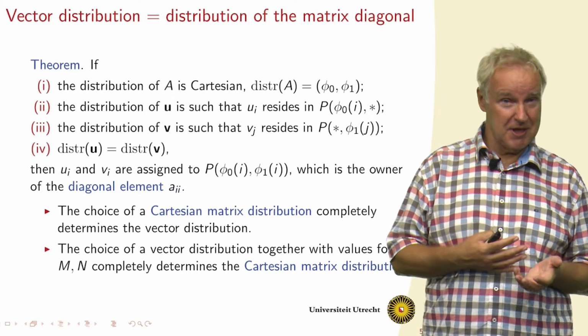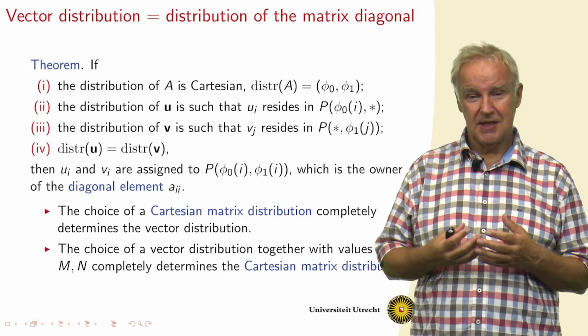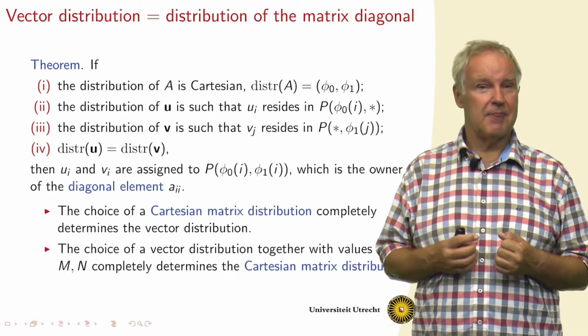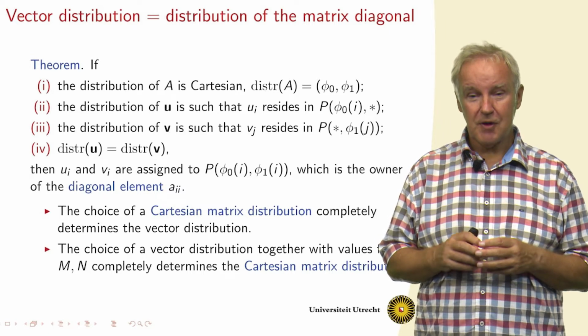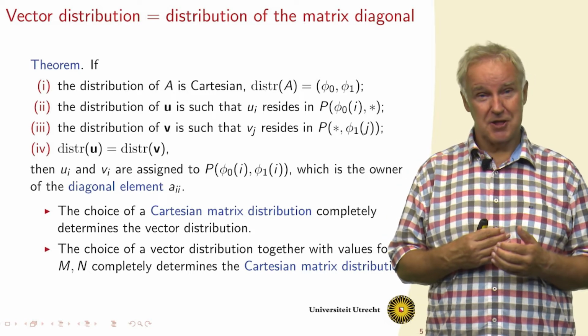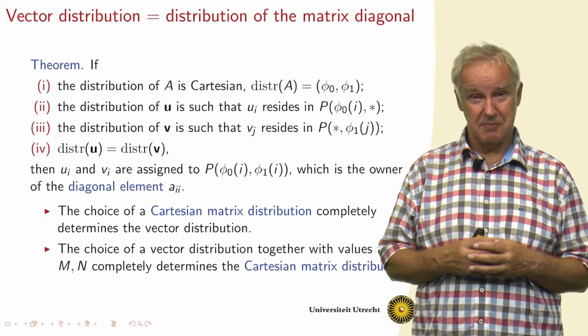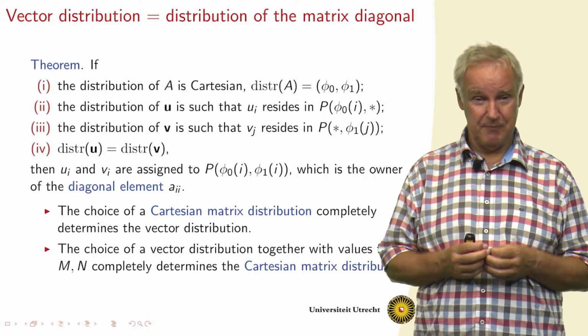We assume a similar thing for v_j. v_j should reside in processor column phi_1(j). A final assumption that we make in this theorem is that the distributions of u and v are the same.